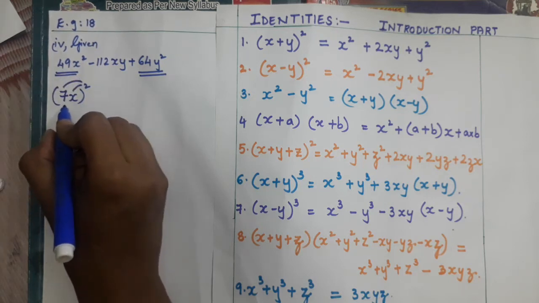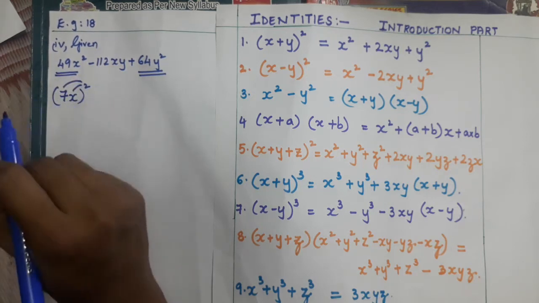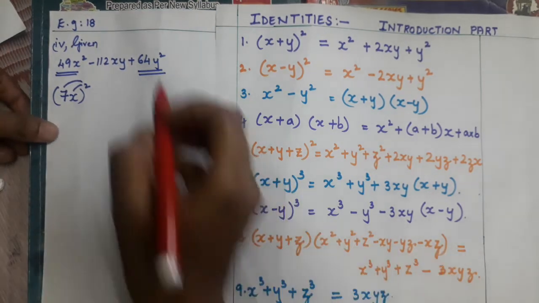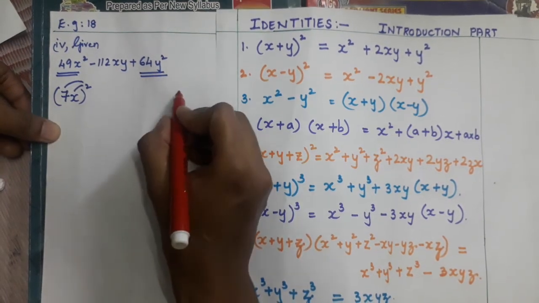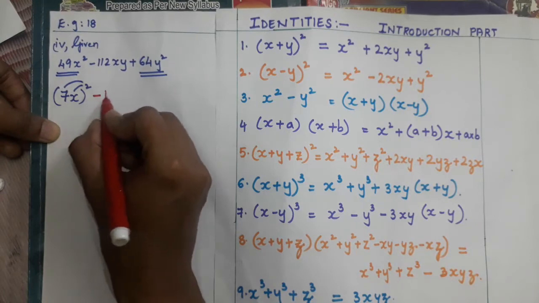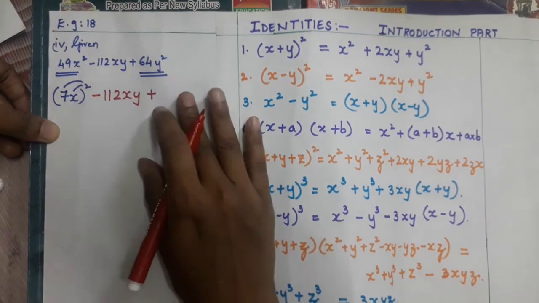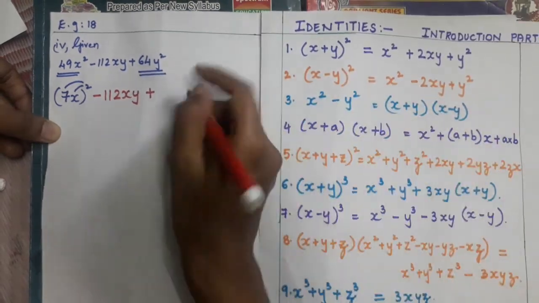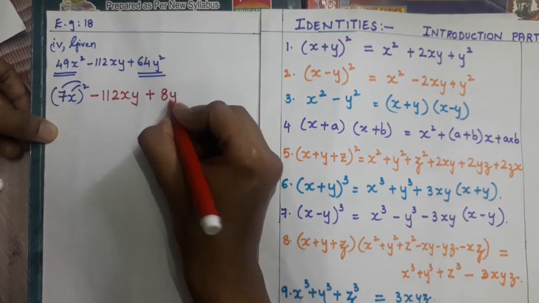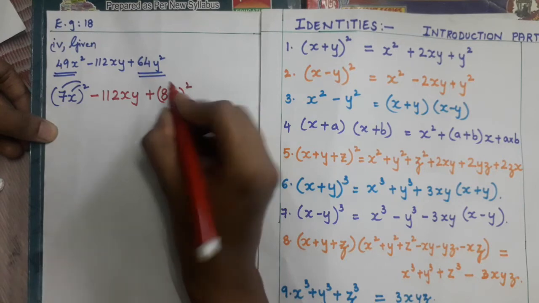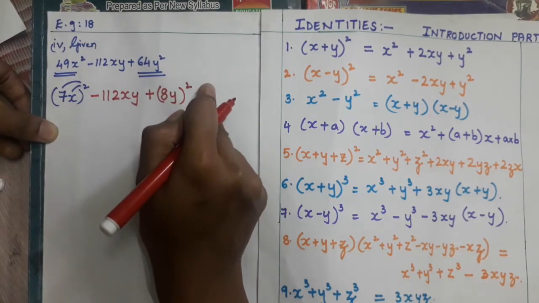So we need a complete bracket, children. Now for 64, how can I write? Here minus 112xy plus, for 64 how can I write? I can write it as 8y whole square.